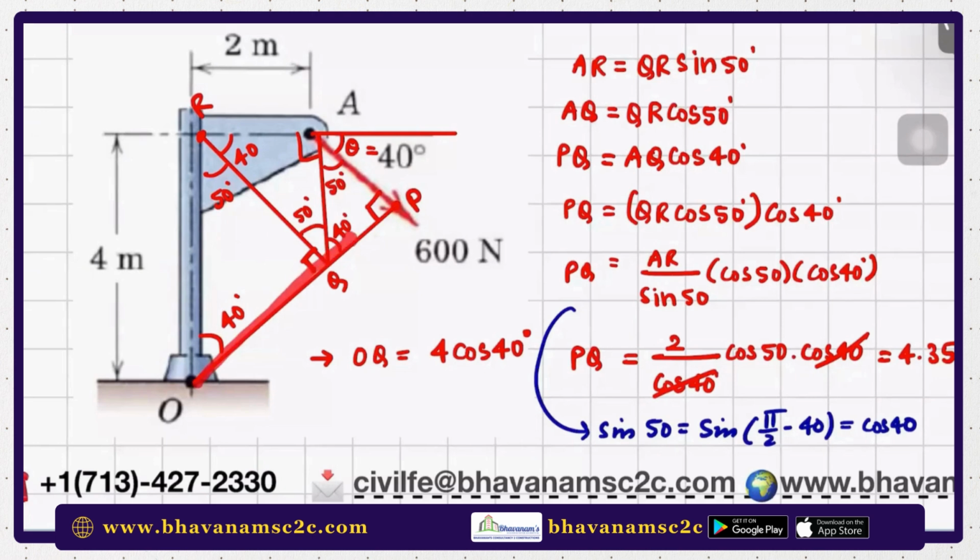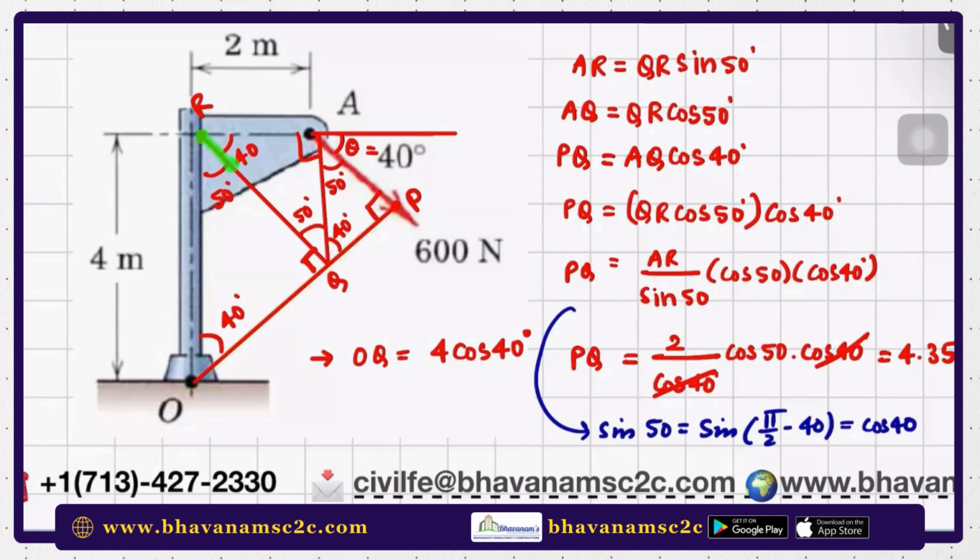At first, I have drawn this line. Let me change the color here. At first, I drew this line, and I know only this distance, but what I want is this distance. And I have some angle here, this is 40 degrees. So somehow I have to figure out how to find this distance. What is the first step I did?